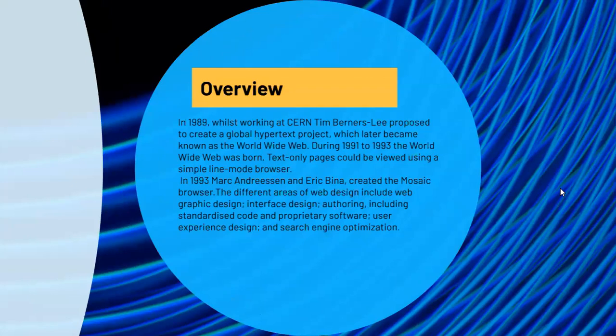All of these are included in web designing. As you can see, the overview is given to you. In the late 90s, working at CERN, Tim Berners-Lee proposed to create a global hypertext project, and that led to the start of web designing.